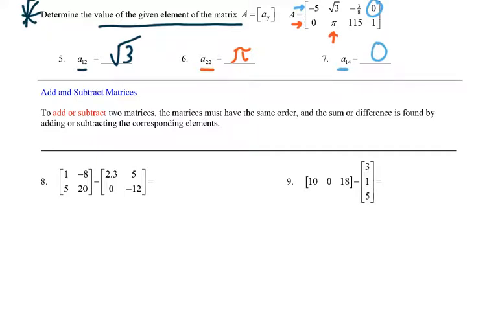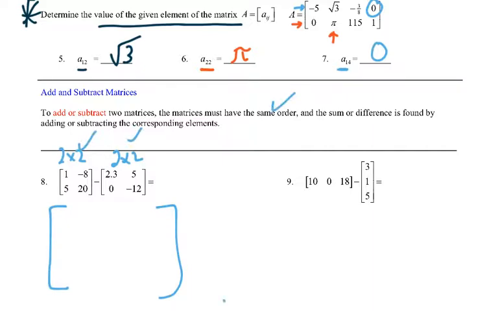In the first one, we're taking the matrix 1, negative 8, 5, 20 and subtracting the matrix 2.3, 5, 0, negative 12. This one's 2 by 2 and this one's 2 by 2, so the same order is satisfied.